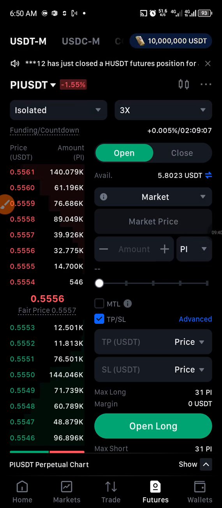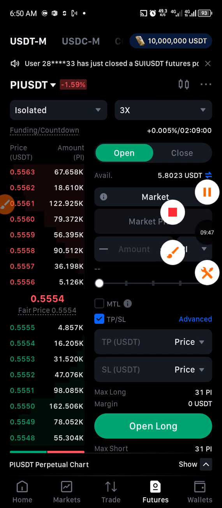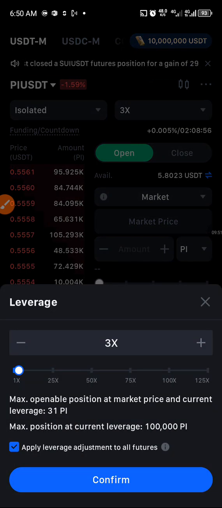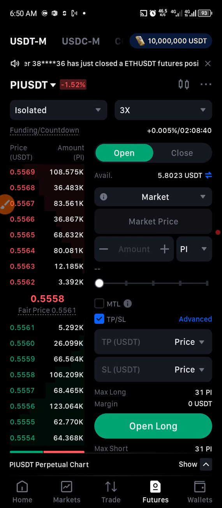Okay, the next thing here is leverage. This one here is what we call the leverage, where you are seeing 3x. You can see leverage here. This is an opportunity, because futures trading gives you the opportunity to trade beyond your capacity.